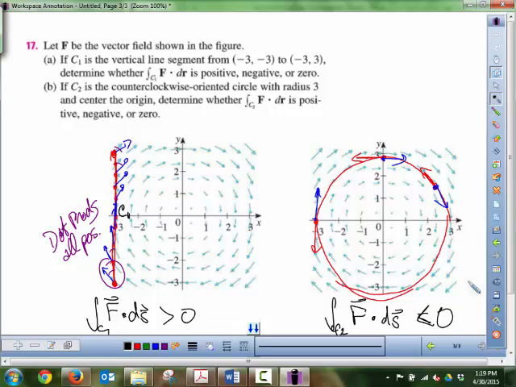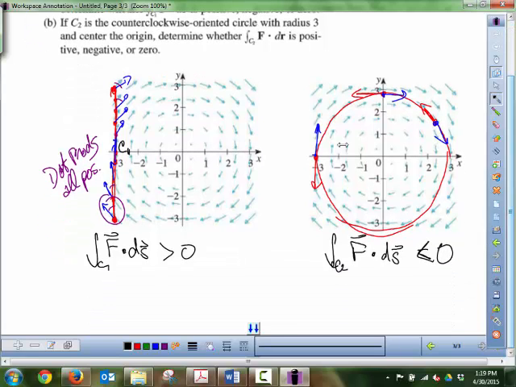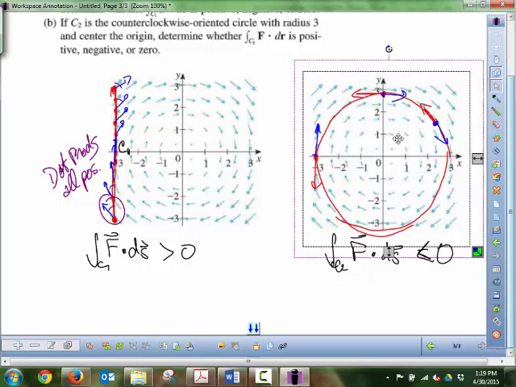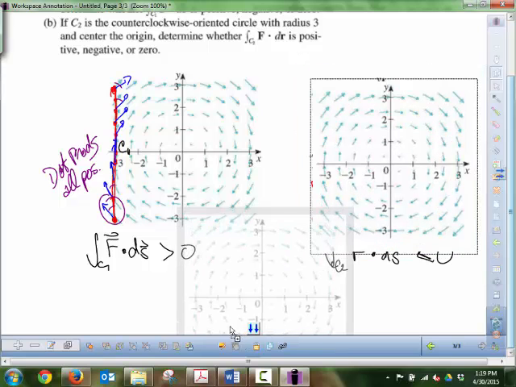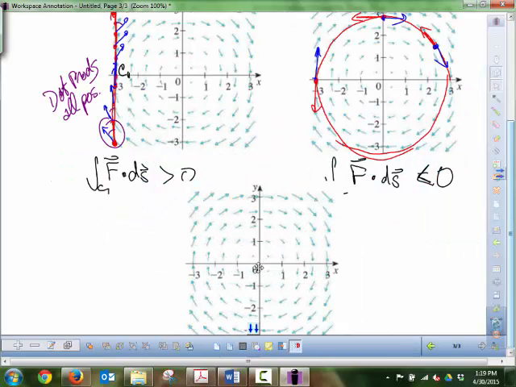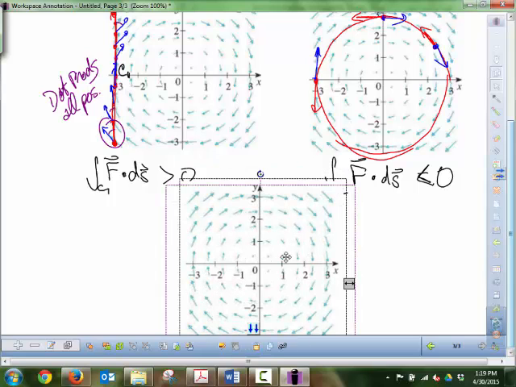So that's a good question. 0 would be when they're perpendicular. What does that mean? So let's do another one. Except we don't know what the curve is, so the question for you is, what kind of curves can I use here so that I get a line integral of 0?